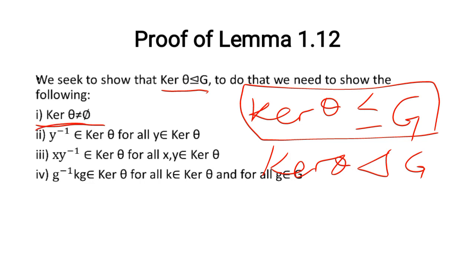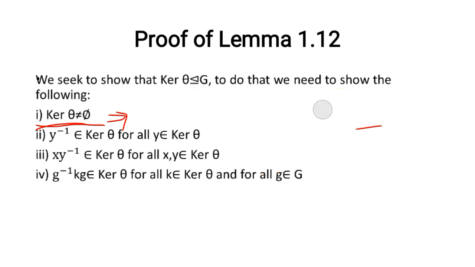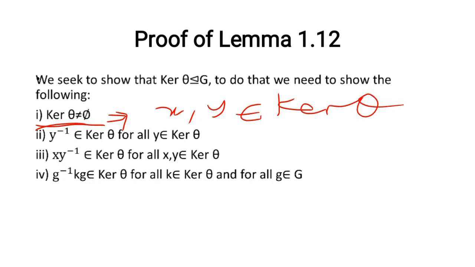If it is not empty, it means that we can find elements x, y in the kernel. Then we check if y inverse is in the kernel of theta, and also that xy inverse is in the kernel of theta. So that's for subgroup.